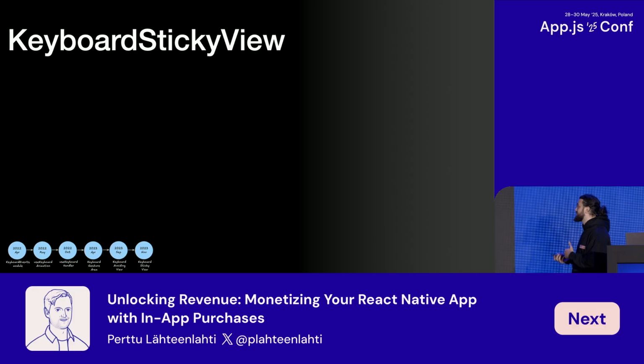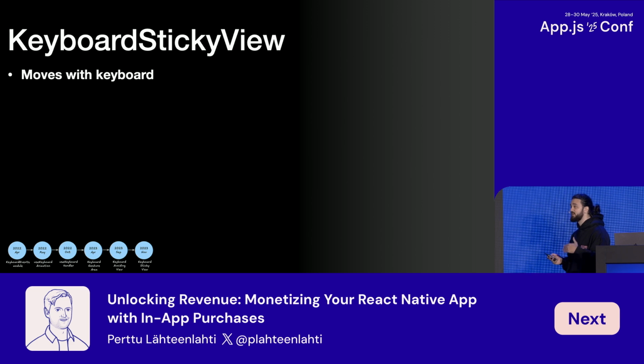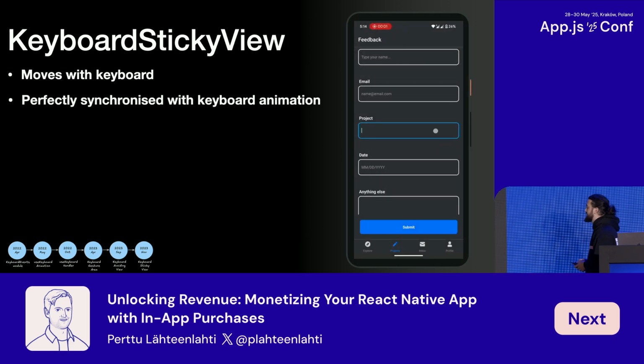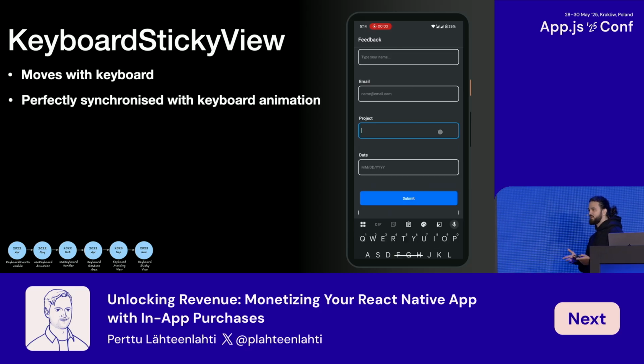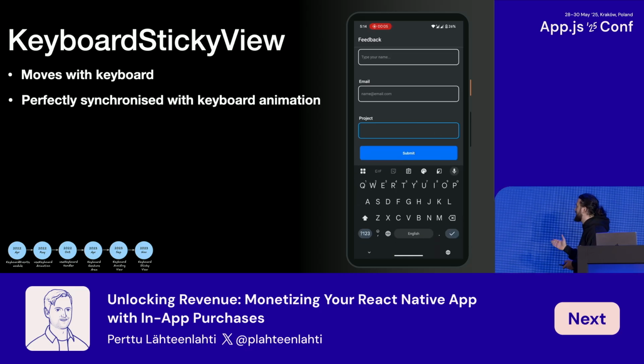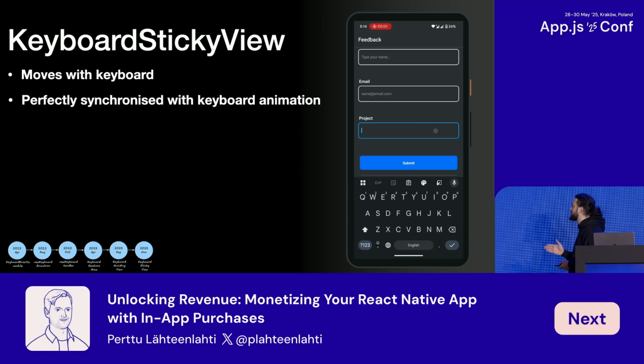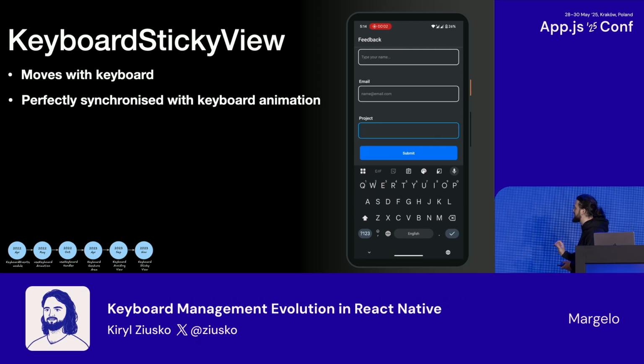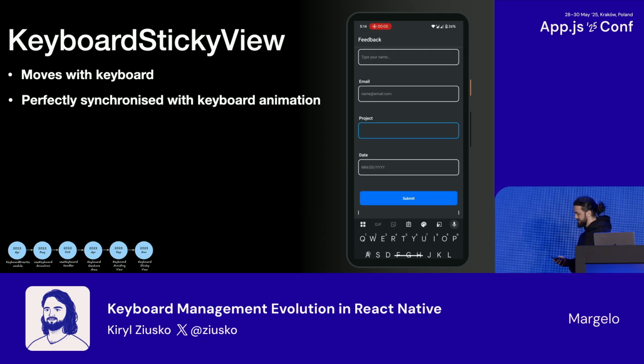On the other side, sometimes we don't need to resize our layout, and we just want our views to float around the keyboard. And in this case, KeyboardStickyView really shines. That layout that was challenging before on Android, now you can see that it works as expected, with perfectly synchronized animations without UI glitches and other unpleasant things.